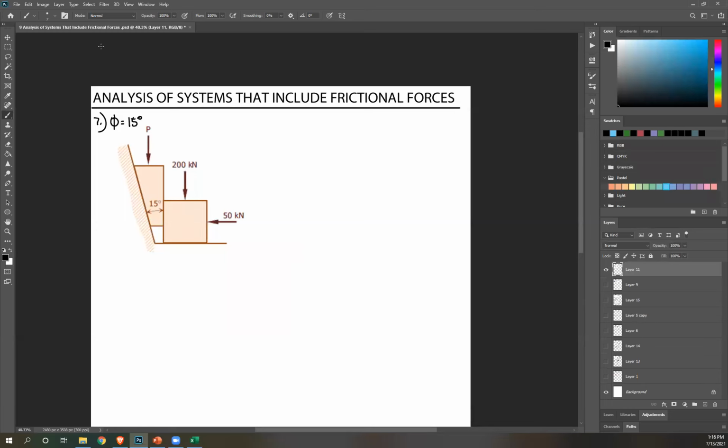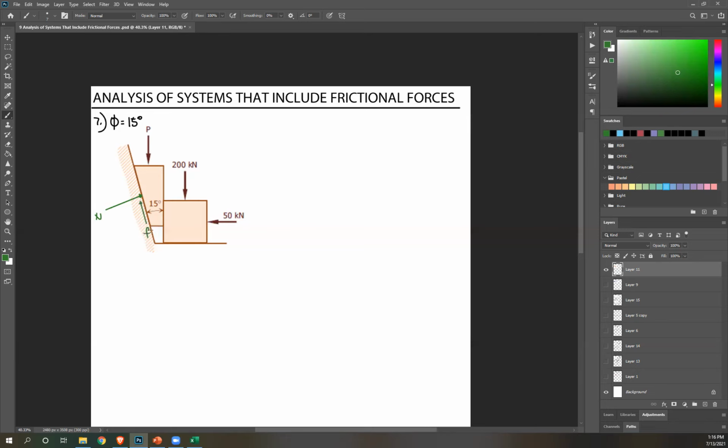First step is to draw again your free body diagrams. Again, we have perpendicular. This is your N. This will move downward, so friction will oppose that.